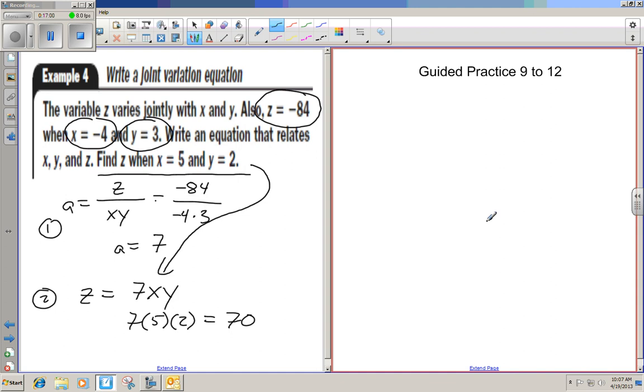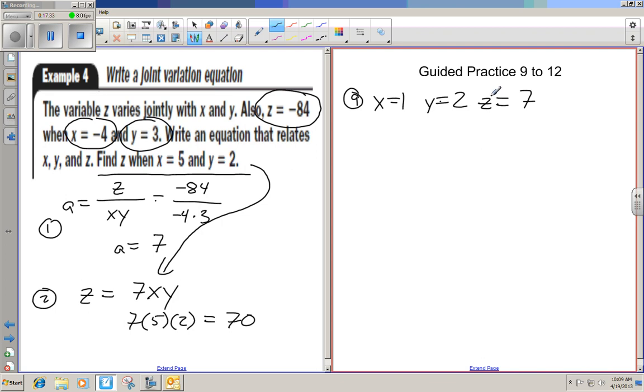All right, guided practice 9 to 12. Those next guided practices are on page 554. Number 9 tells us x is 1, y is 2, z is 7. So it tells us the variables vary jointly.